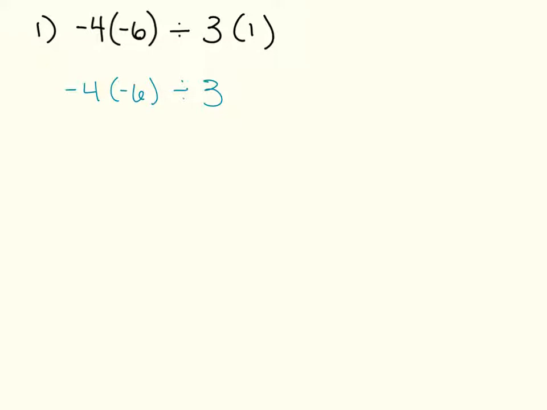So off to the right in your paper, let's go ahead and put the identity of multiplication. Okay, now we can go ahead and continue simplifying this expression using the other properties that we've already learned. So let's go ahead and turn these whole numbers into fractions just by slipping a 1 underneath.